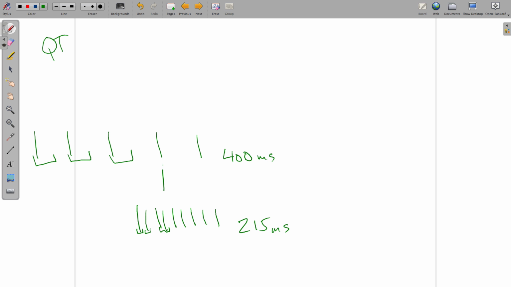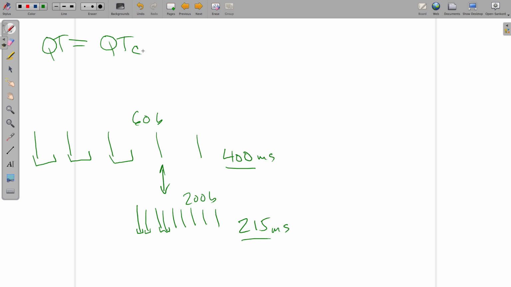So how can we compare these two things if they're rate dependent and the rate is not the same? This might be 60 beats per minute and this might be 200 beats per minute. And if the rate's not the same, then we're going to get a different answer for our raw number. So in order for us to say that a QT interval is long, we have to convert the QT interval to the QTC.